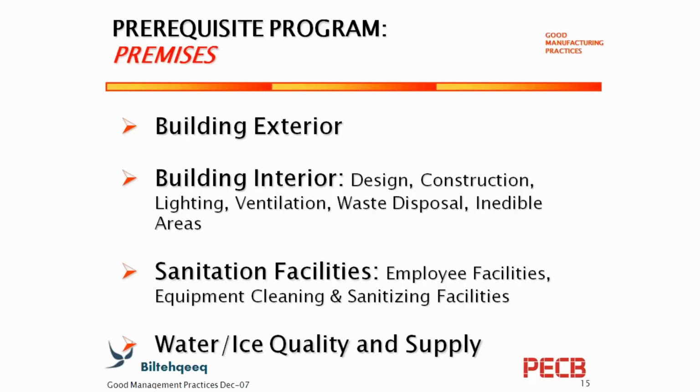You have to take care of some issues, and this is the prerequisites program. And the first thing is the premises. And premises, the very important thing is the exterior of the building, the surrounding where your plant is working, or where your operations of the food management system is under practice.